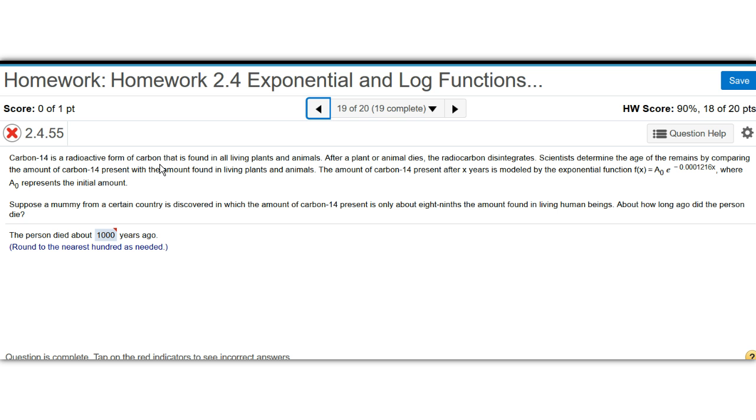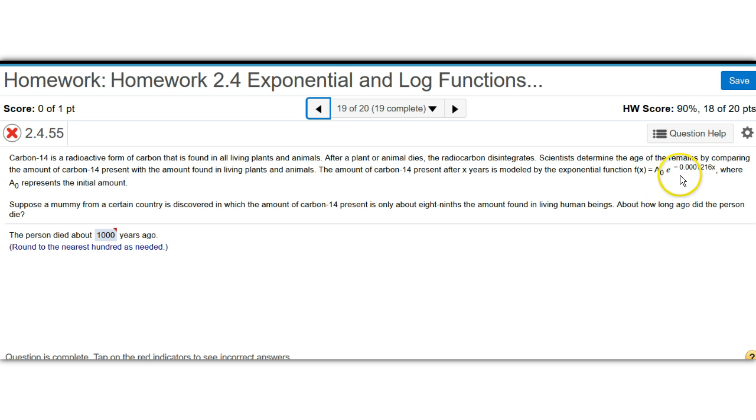But once you die, the carbon-14 doesn't stay active anymore. It goes through a deterioration, a half-life process. So you lose some of it. And this is indicated by this formula over here, where we are losing through a negative exponential value. So this is a drop.